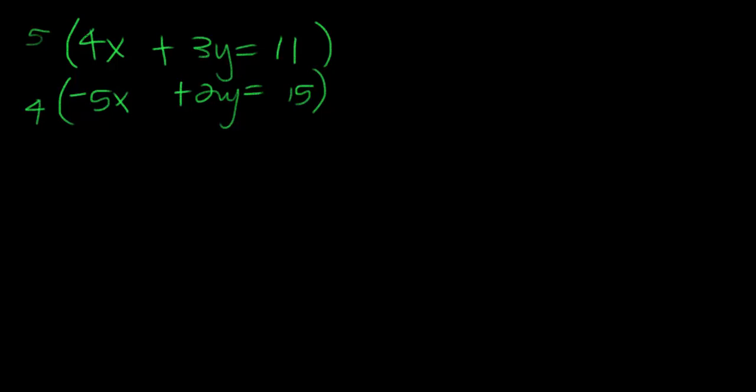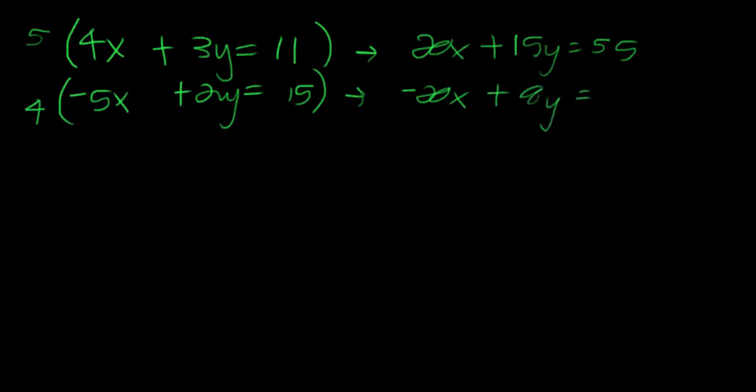And since the 4x and the negative 5x already have different signs, I can leave this 5 and 4 that I'm multiplying by as positive numbers. So I have to multiply that 5 by the entire equation. So 20x plus 15y equals 55. And now negative 20x plus 8y equals 4 times 15 is 60, I believe.